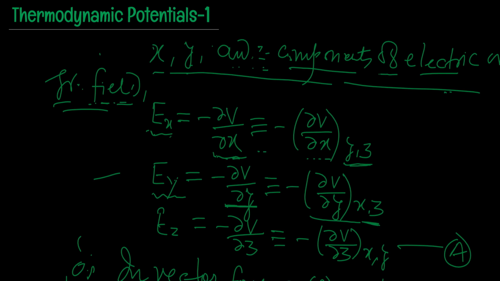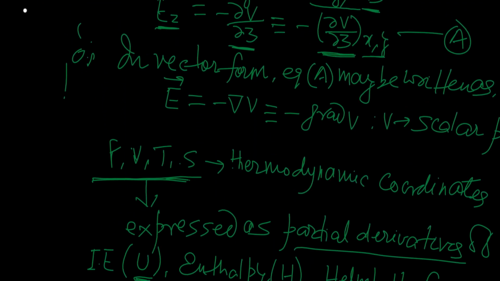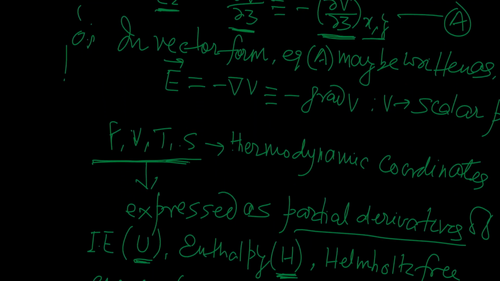And the z component of the electric field is defined as minus del V del z, or equivalently minus del V del z at constant x and y. What is remarkable in these equations is that the electric field or gravitational field is simply the negative gradient of the corresponding potential.